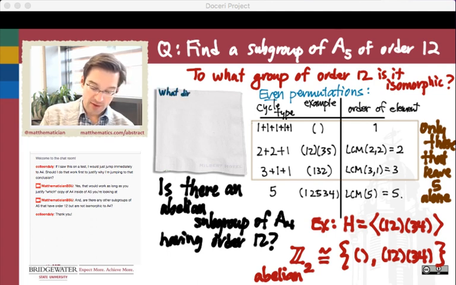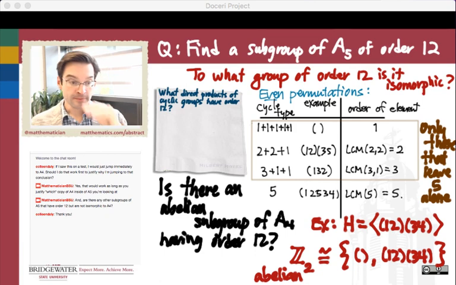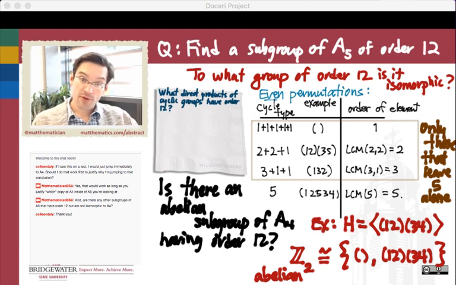What direct products of cyclic groups have order 12? Direct products of cyclic groups, because cyclic groups are abelian, will definitely be abelian groups.